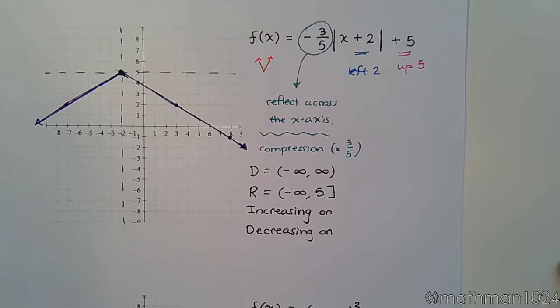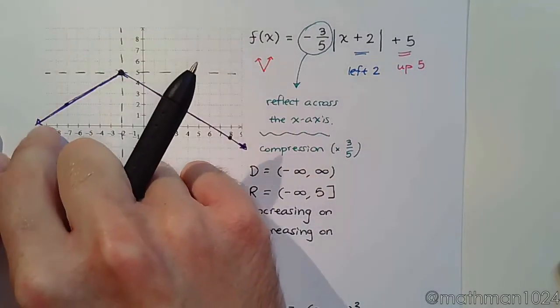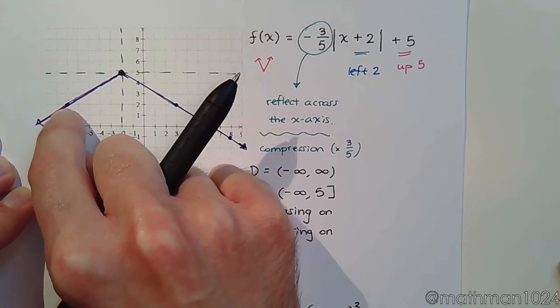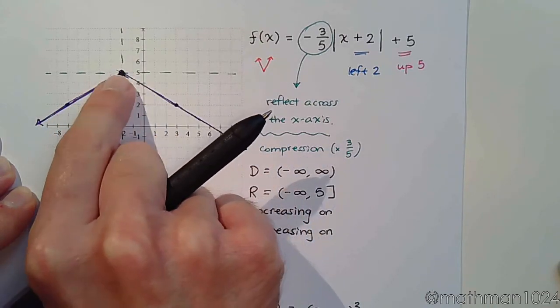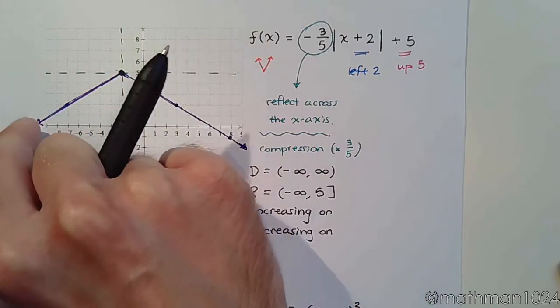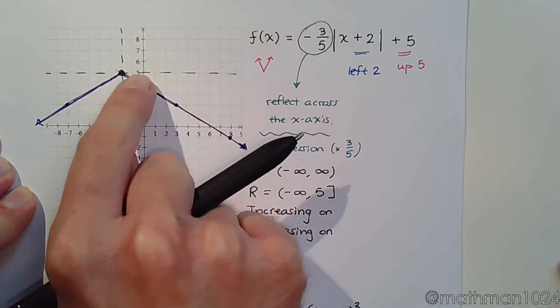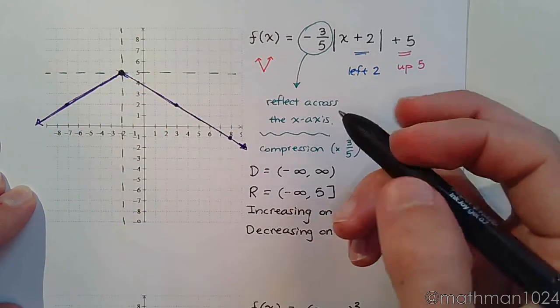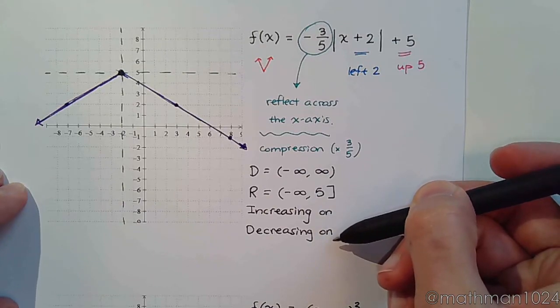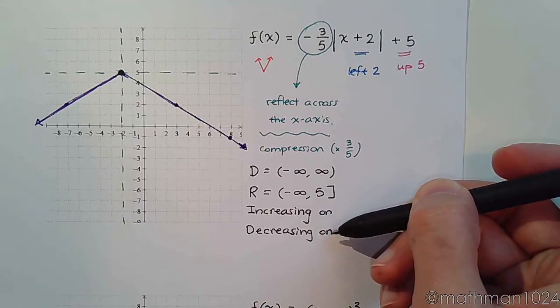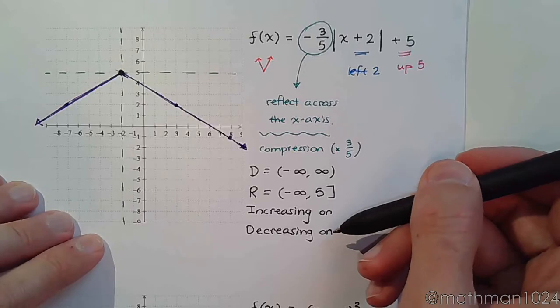So if you look here in this picture, as you trace along with your finger from left to right, you're going up, and then you're going down. So you are increasing here, and you are decreasing here. Now when it says over what intervals are you increasing or decreasing, they're talking about open intervals, and they're talking about intervals of your domain.